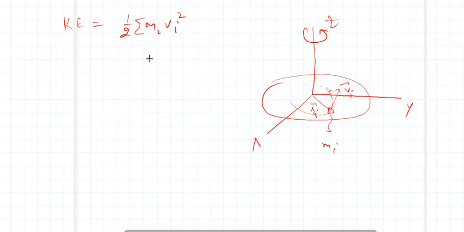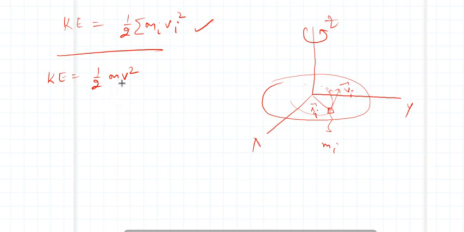And if it is a single object, then I can simply write down the kinetic energy is equal to half mv square. It's for the rigid body, and this is for a single object when it's moving around the z-axis. So it is half mv square.